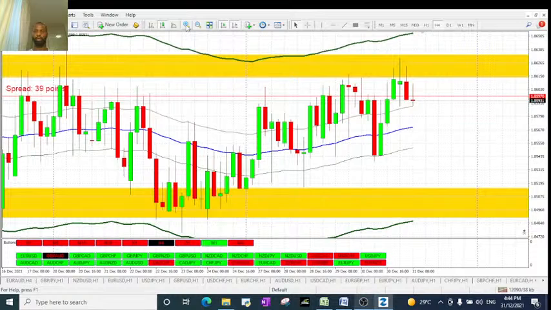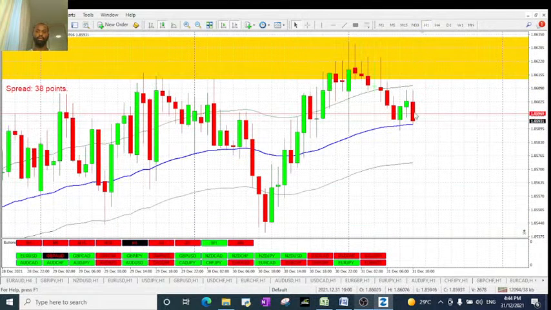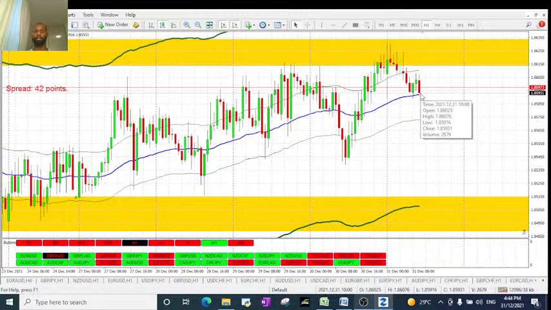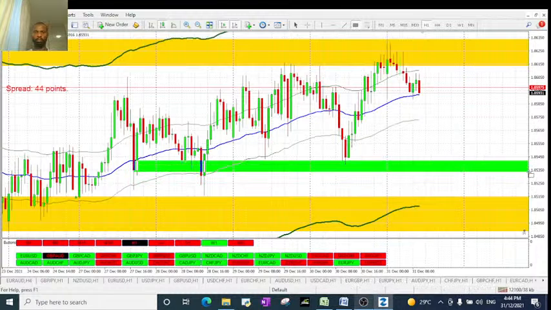Okay, we might have our first trade in 15 minutes. If this candle closes like this, we'll probably take a short. First target is probably somewhere here.